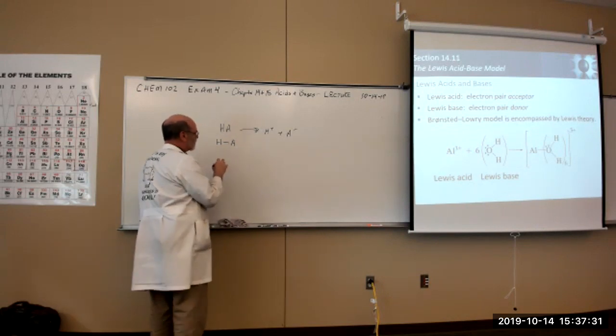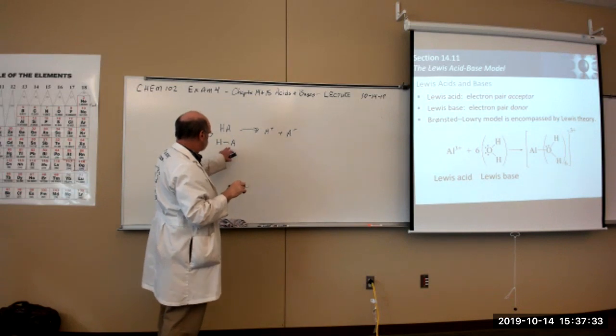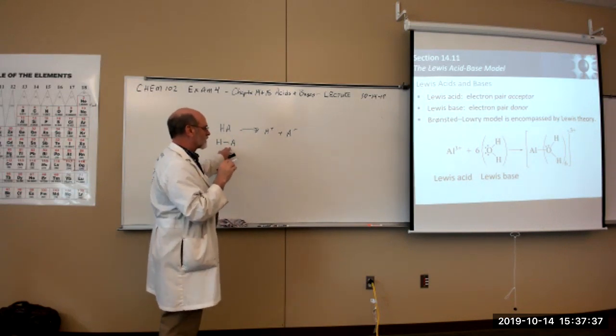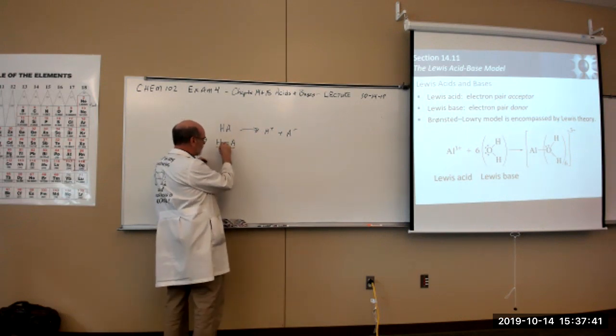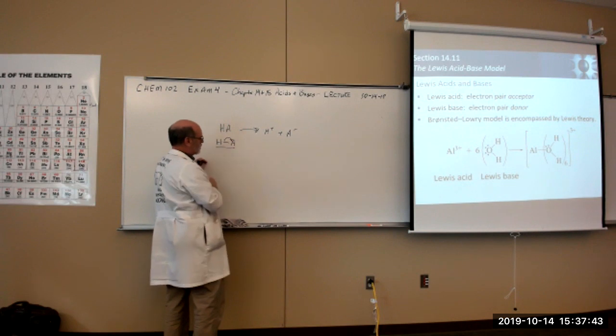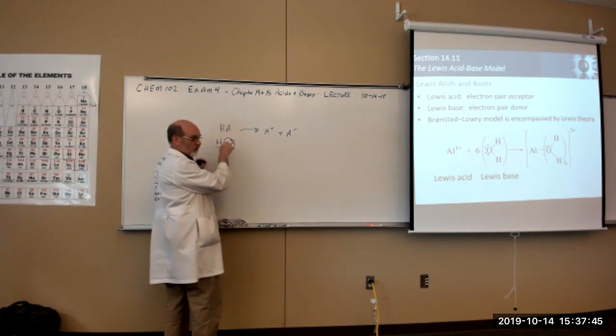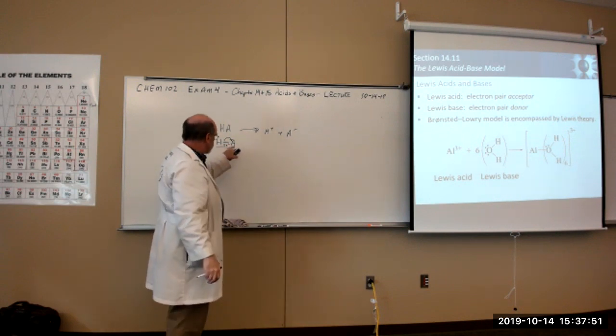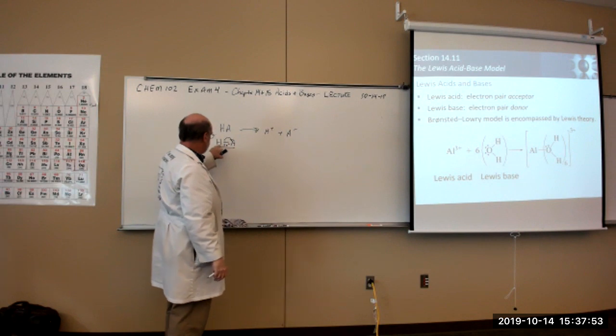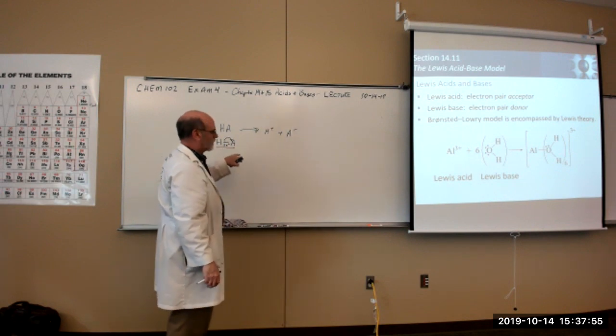Well, the acid is the electron pair acceptor. So this becomes an acid because it transfers electron pair. Remember, one line, one bond is an electron pair. There's 2 electrons. So it transfers to A and produces a proton.